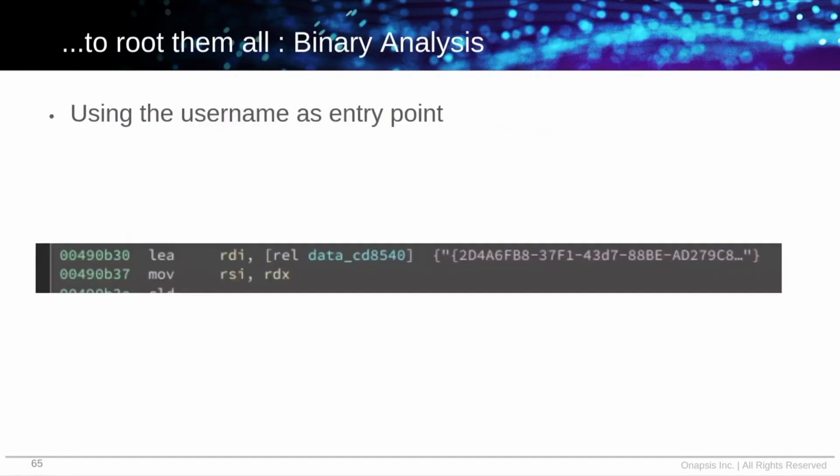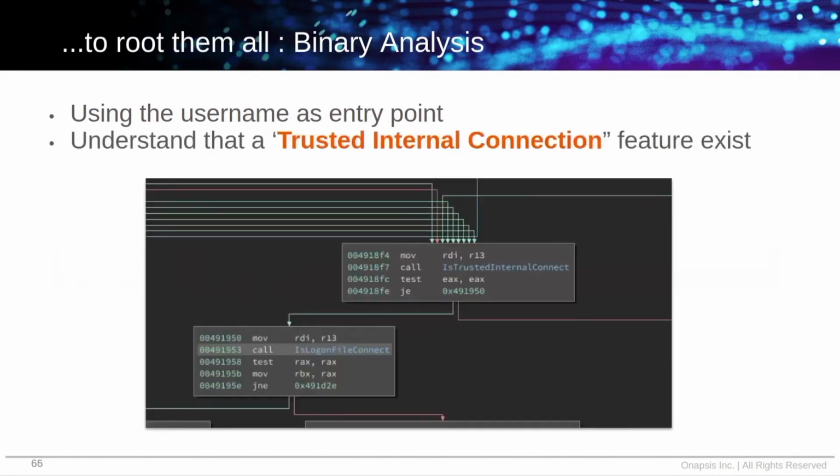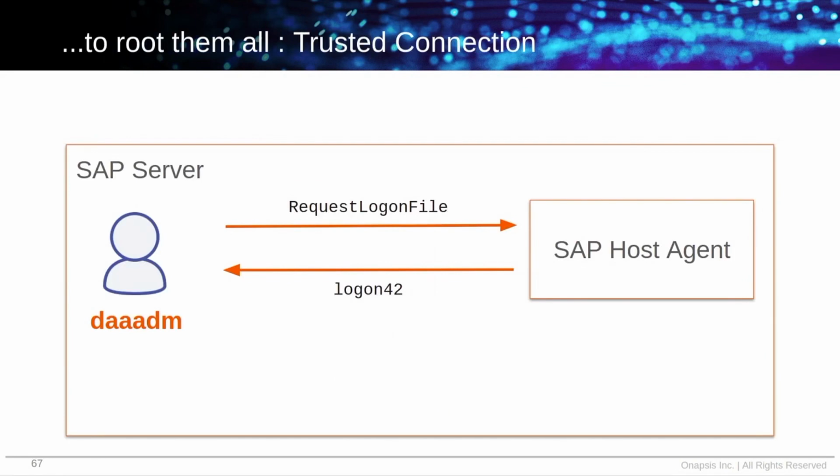So what we did, we decided to analyze the SAP host agent kernel, and we started, as an entry point, with the hard-coded username. And very quickly we understood that there is a feature named trusted internet connection. So what did we understand about this feature? For whole users listed in the service admin user, for example, the ADM, they can request a logon file from the SAP host agent.